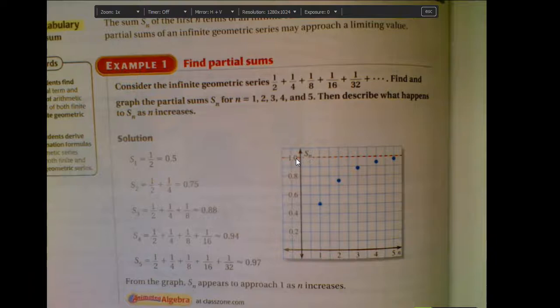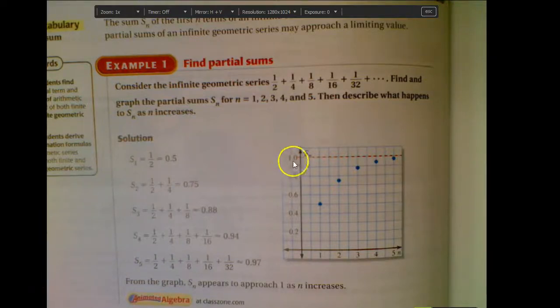It wouldn't be the actual sum because you could never actually get to this number, but the more of this series that we add on, I'm going to get closer and closer to 1, even though I would never actually get there. So they identify the sum as the number you are approaching. So we would say this series has a sum of 1, because we're going to be really close to 1. We just never would actually get to 1 as our answer.